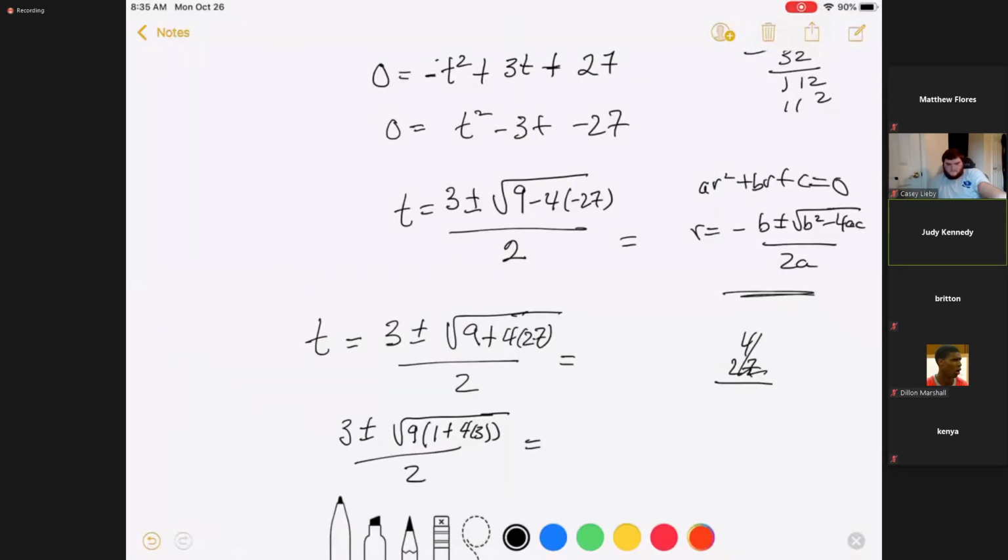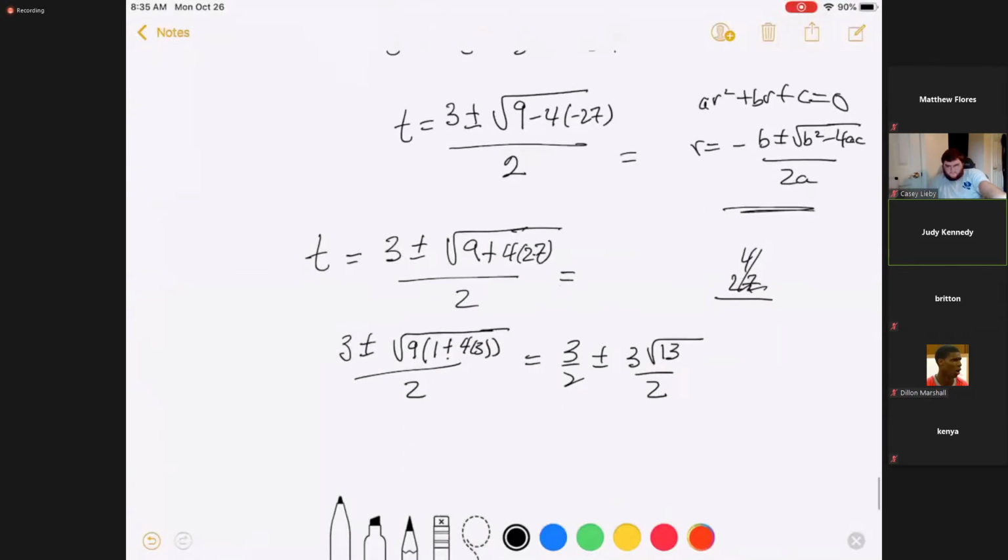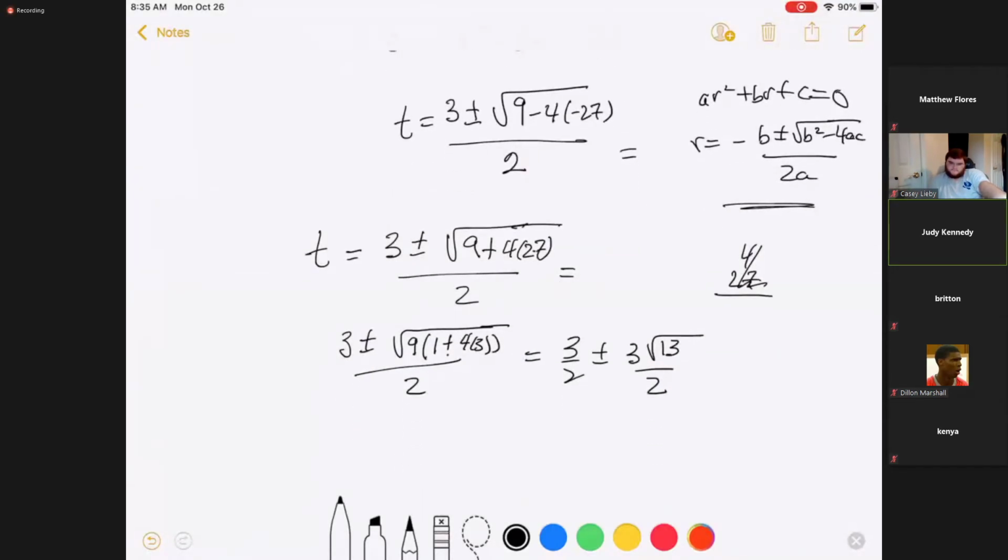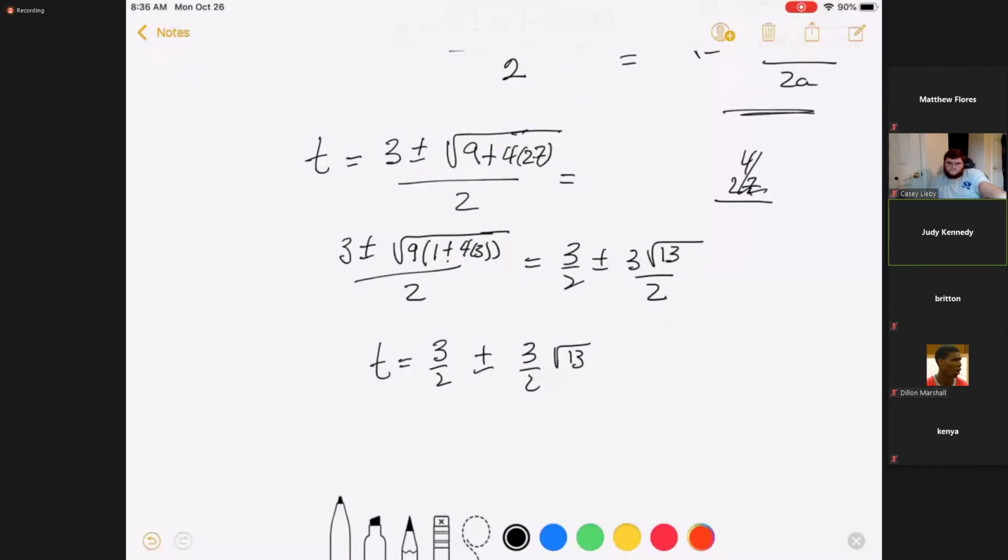Don't forget that 2. So square root of 9 is 3. And then I have what's left in there. 1 plus 12 is 13. Okay. So I've got t equal to 3 halves, and there are two possible t's. The minus one doesn't make any sense here because it'd be negative.